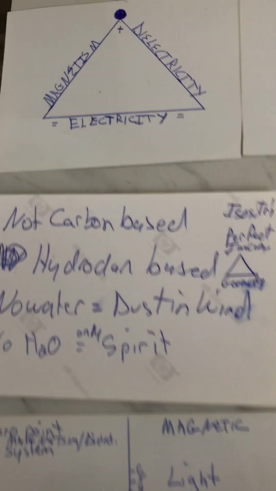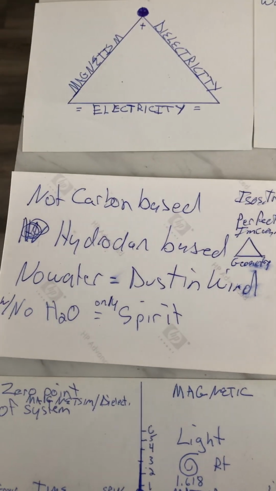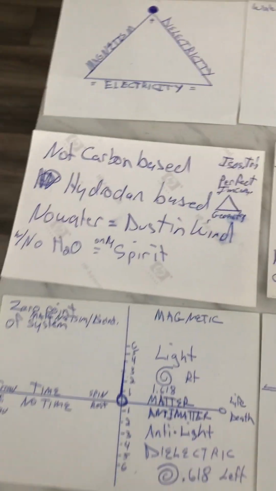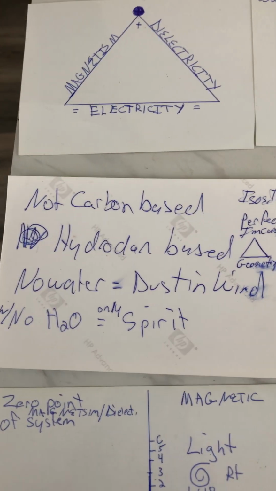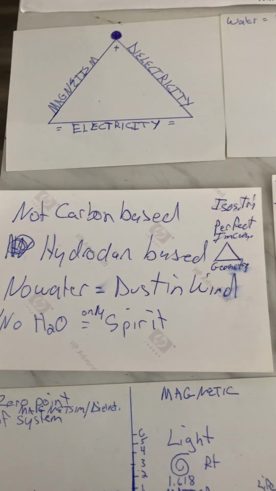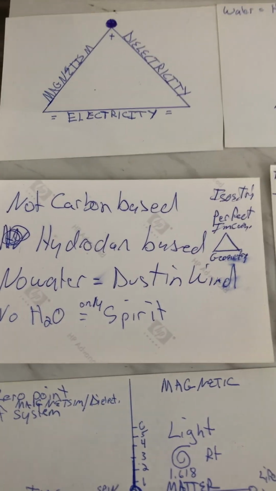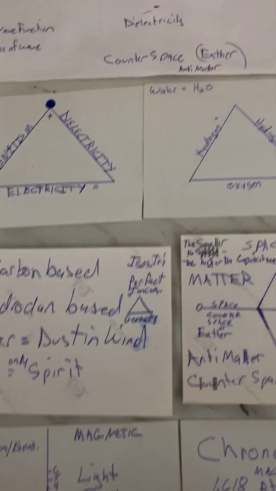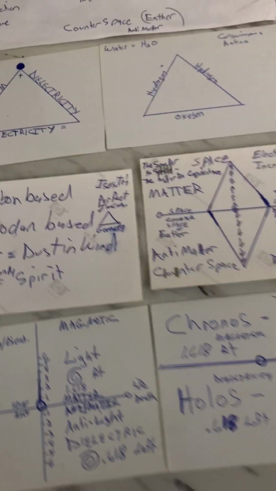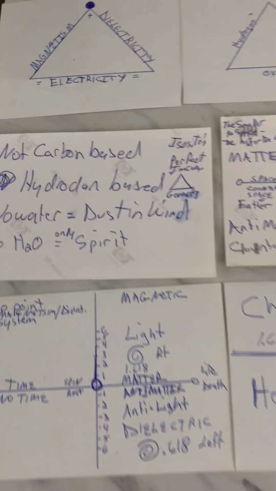And the other thing that you must keep in mind is that everything's not carbon-based like they're telling you it is. Everything is hydrogen-based, because hydrogen's the most abundant element in the universe. And without that water molecule, everything would just be dust in the wind.